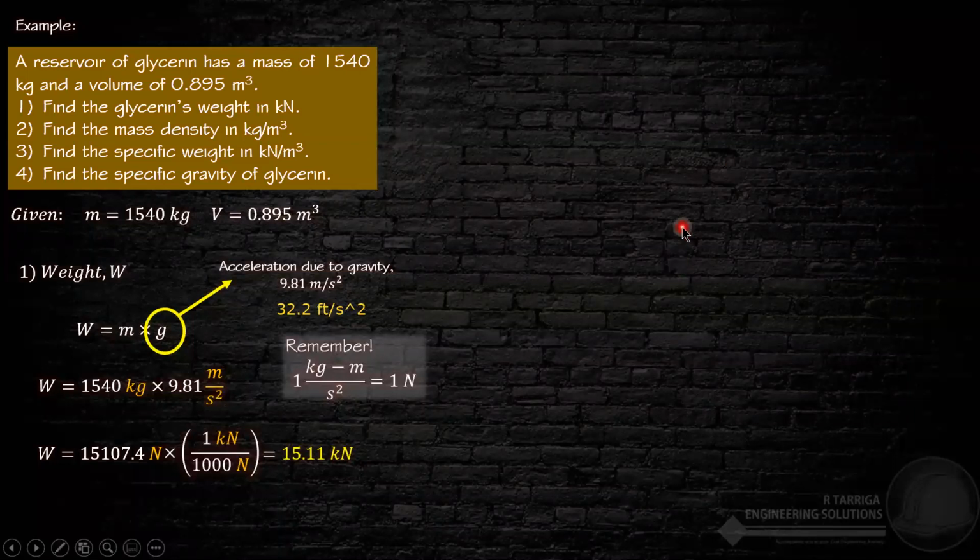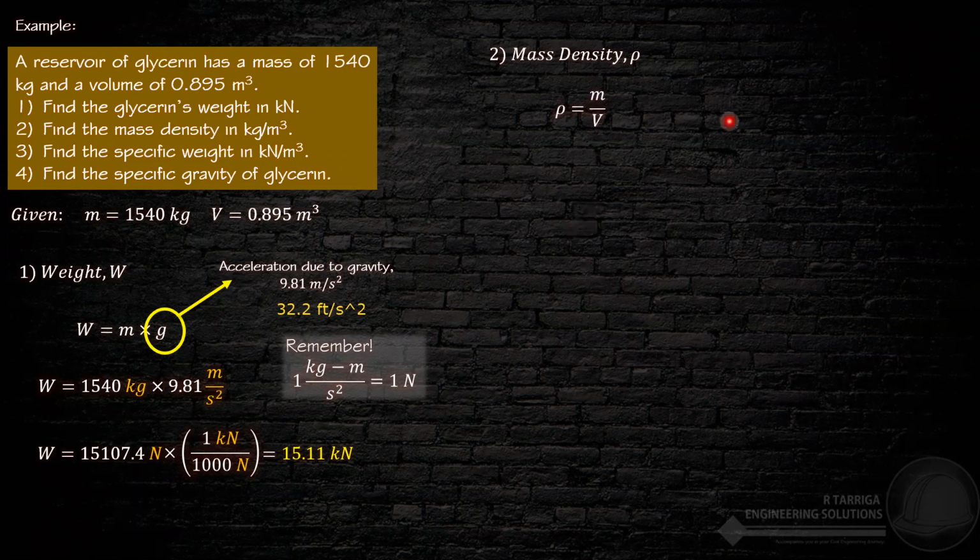Let's move on to number 2. Find the mass density in kilogram per cubic meter. The formula for mass density, as discussed earlier, is the ratio of the mass over volume. Substitute 1,540 kilogram over 0.895 cubic meter. The density shall be 1,720.67 kilogram per cubic meter.